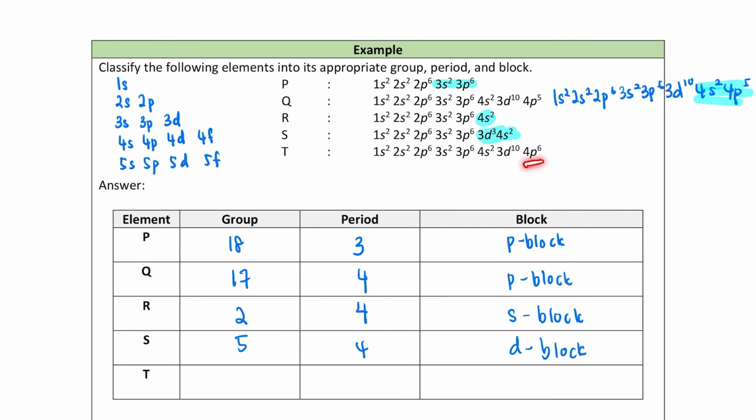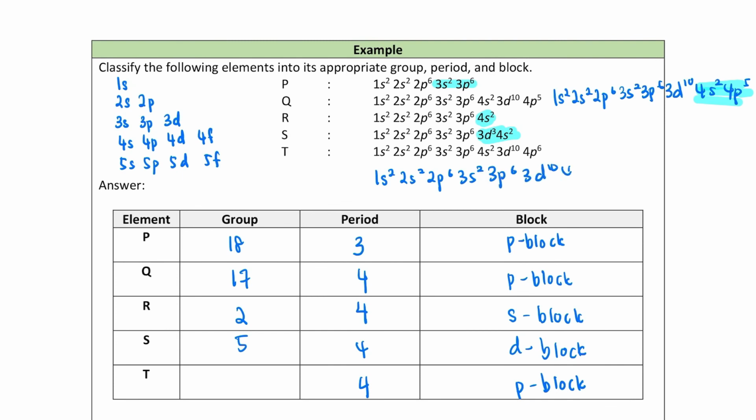Okay, for T, we stop writing at 4p. So, it means element T is in P block. Okay, then how about its period? Okay, so period, highest principal quantum number is 4. So, period 4. And then for group, okay, a bit confusing. So, we do the same as above. We rearrange this electronic configuration after we fill in the electrons.